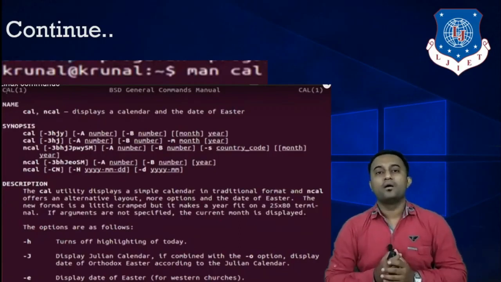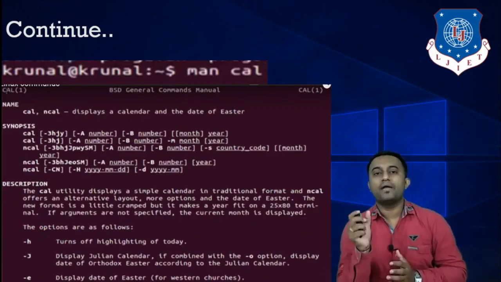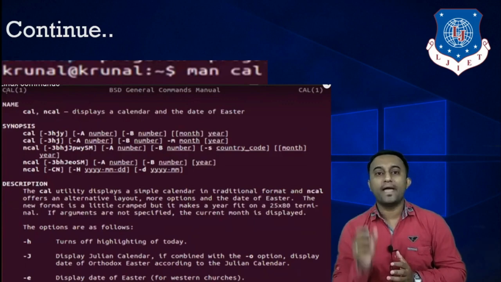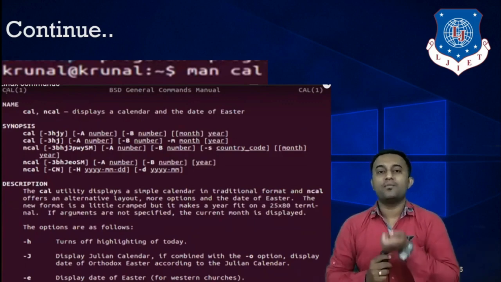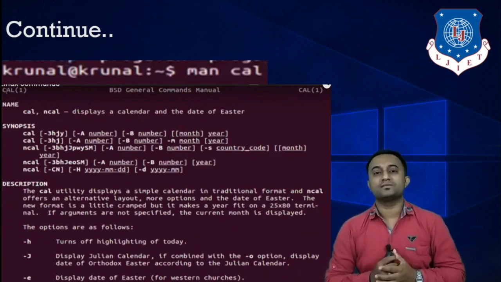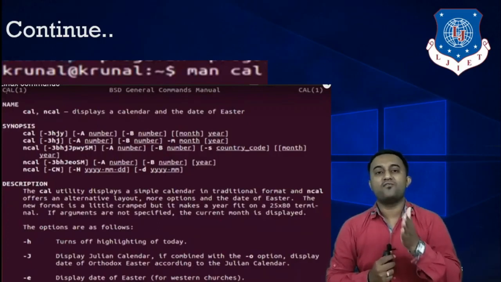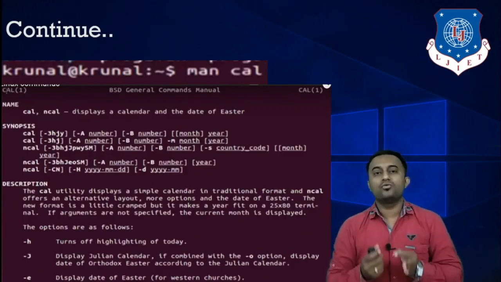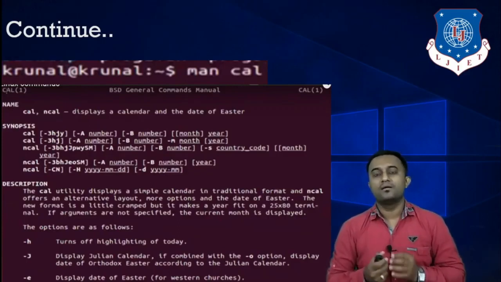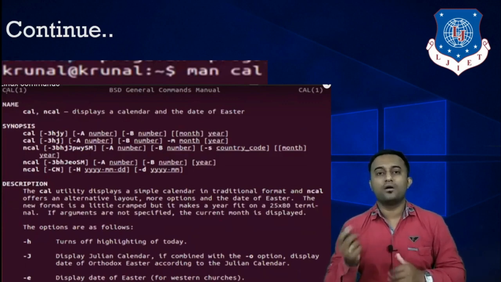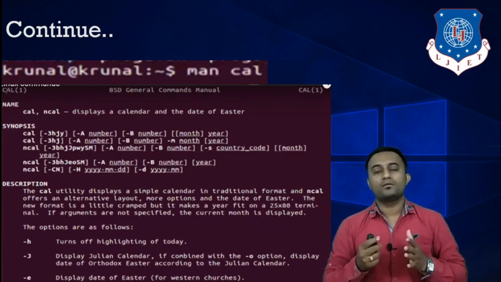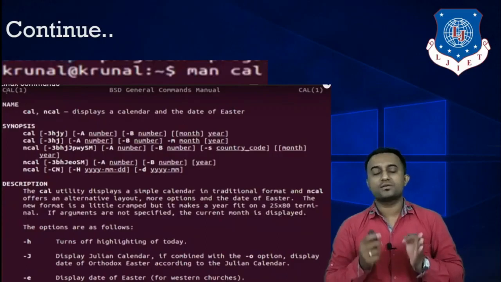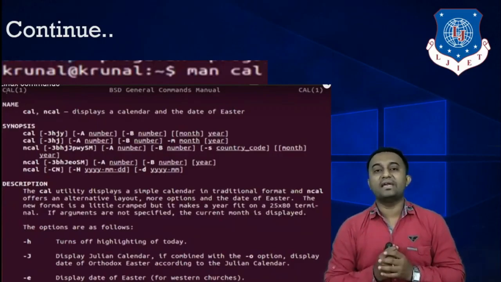Whatever command you need help with, you fire that command name. In this case I have fired man space cal. Cal is nothing but calendar, one more command that you will see in an upcoming session. Here we are going to discuss the manual of calendar.